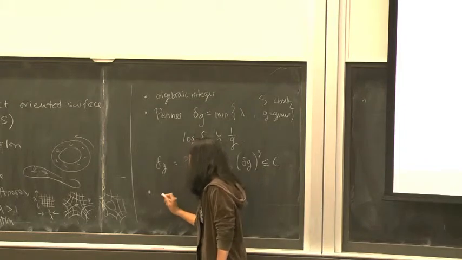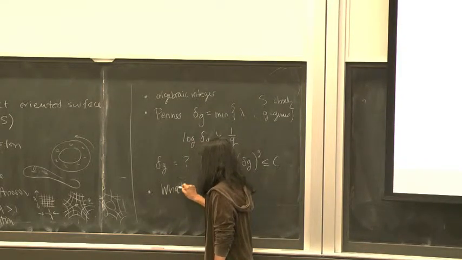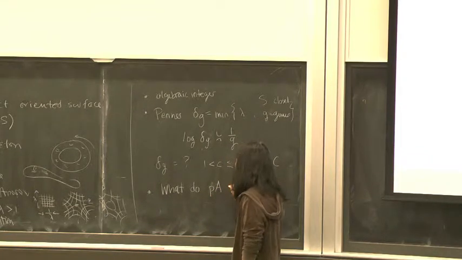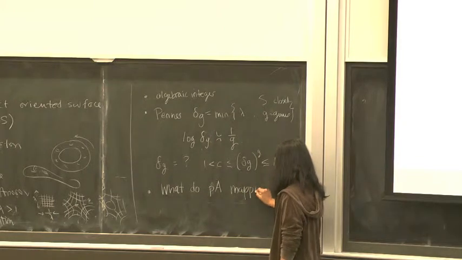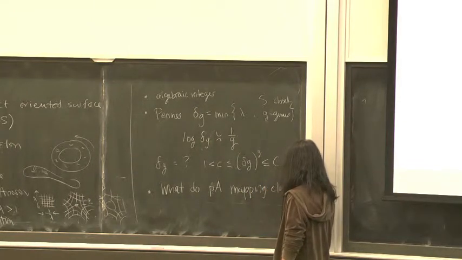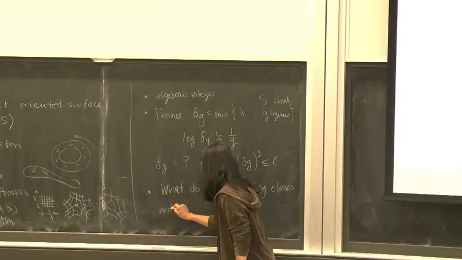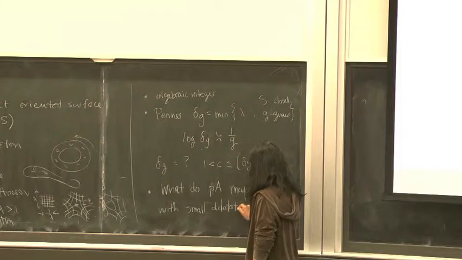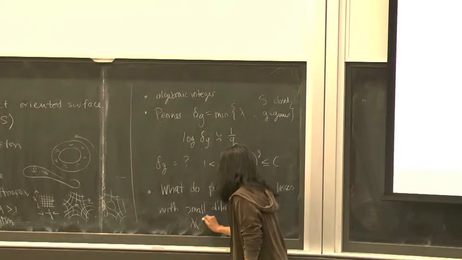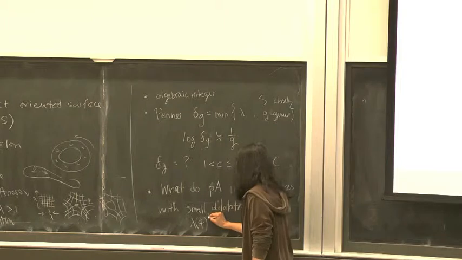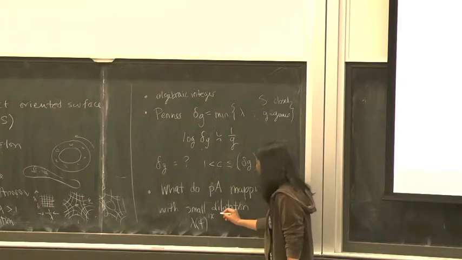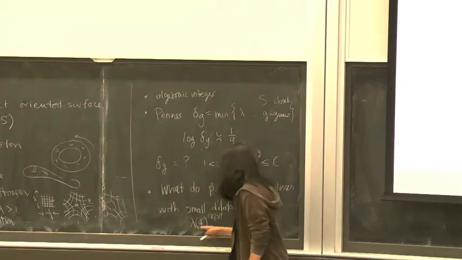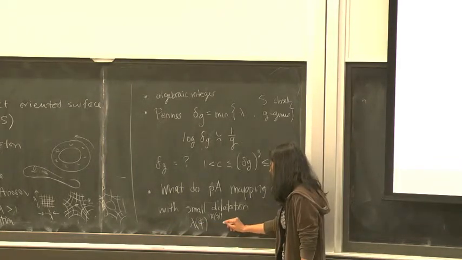And then finally, what do pseudo-Anosov mapping classes with small dilatation look like? So let's say small just means that lambda to the g, or more generally, if you have punctures and things like that, lambda to the absolute value of the Euler characteristic, this is called the normalized dilatation.